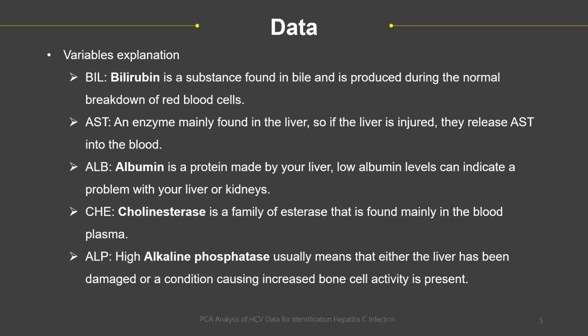CHE is a family of esterases that is found mainly in the blood plasma. ALP is alkaline phosphatase. A high ALP usually means that either the liver has been damaged or a condition causing increased bone cell activity is present.